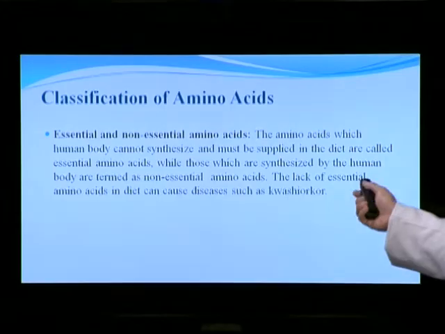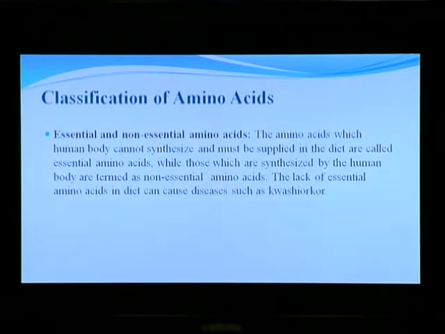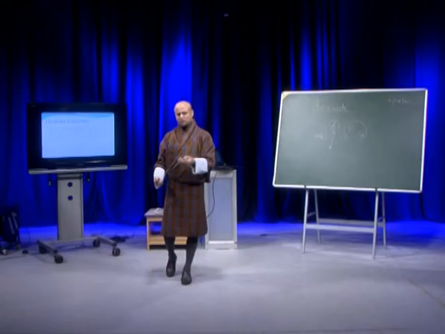For non-essential, you don't have to take them from an external source because our body can synthesize them itself. Whereas for essential, since our body cannot produce them, we have to take them from an external source, maybe plant or animal. The lack of amino acids in the diet can cause diseases such as kwashiorkor. So it's very important to take a sufficient amount of amino acids from external sources, especially the essential amino acids.